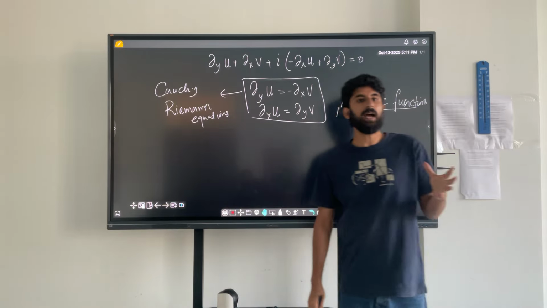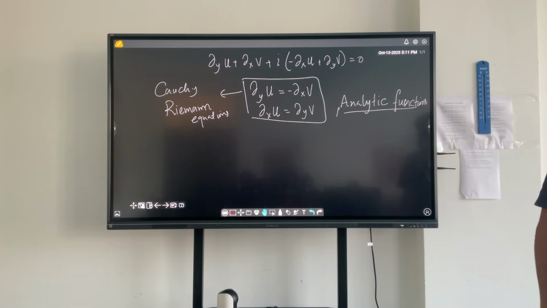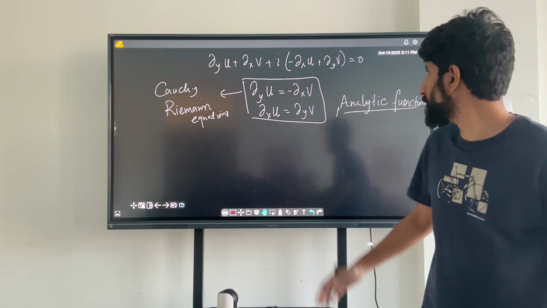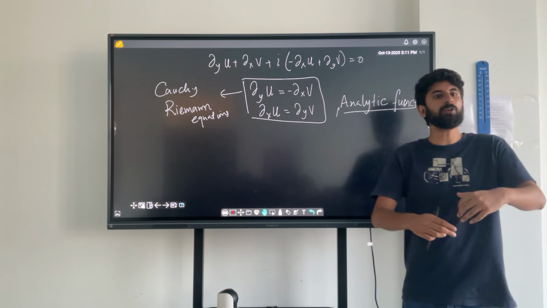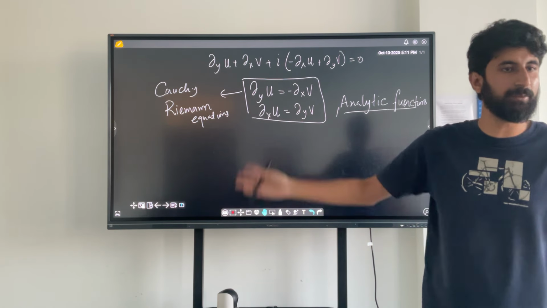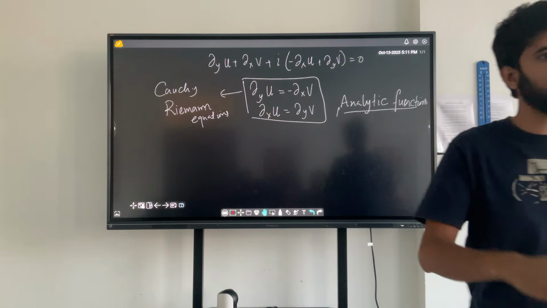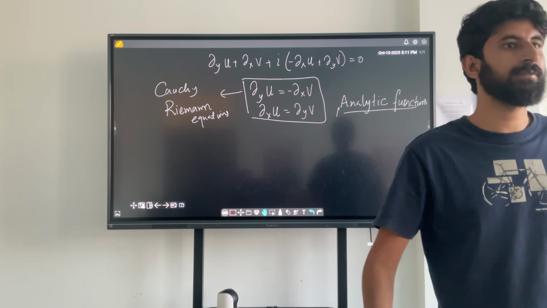Because it could happen that there are certain points, or a lot of points, where this is not true, or it could be not true altogether. If it is untrue at every point, then the function is non-analytic everywhere.